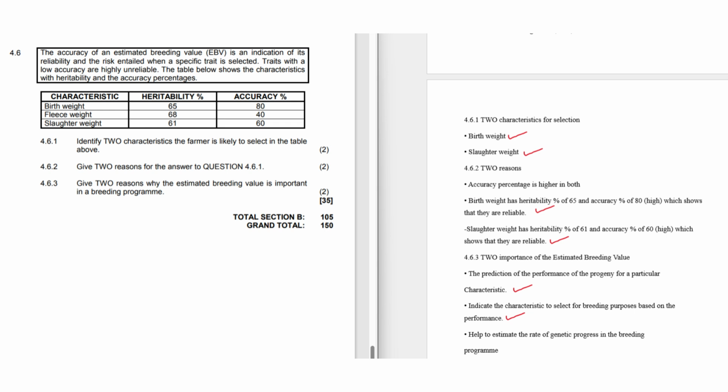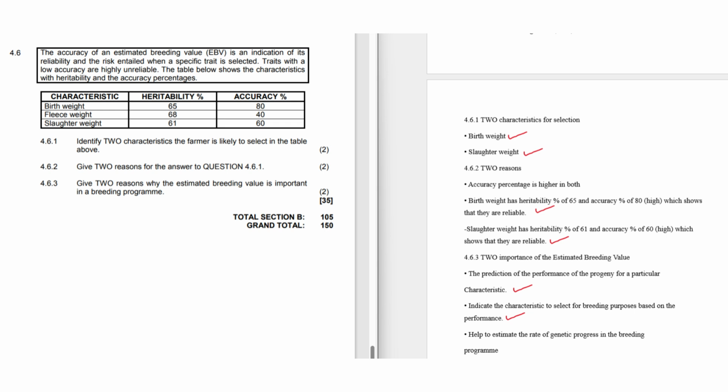What is a trait? A trait is a characteristic. So they go hand in hand as similar terms. The traits are characteristics. Characteristics are traits. It's the same thing. Characteristics: birth weight, fleece weight, slaughter weight. Heritability percentages, accuracy percentages.